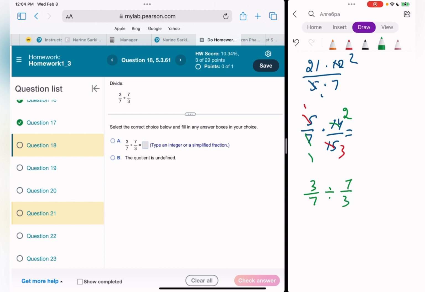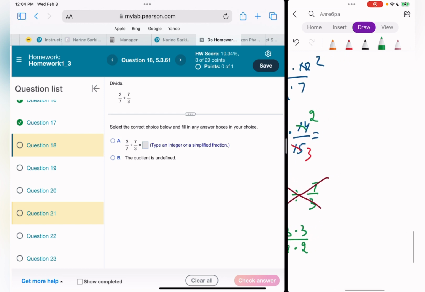When we divide, we do cross multiplication, which is equal to 3 times 3 and 7 times 7. When you multiply, you do straight multiplication, top with top, bottom with bottom. When you divide, you do cross multiplication, 3 times 3 and 7 times 7.